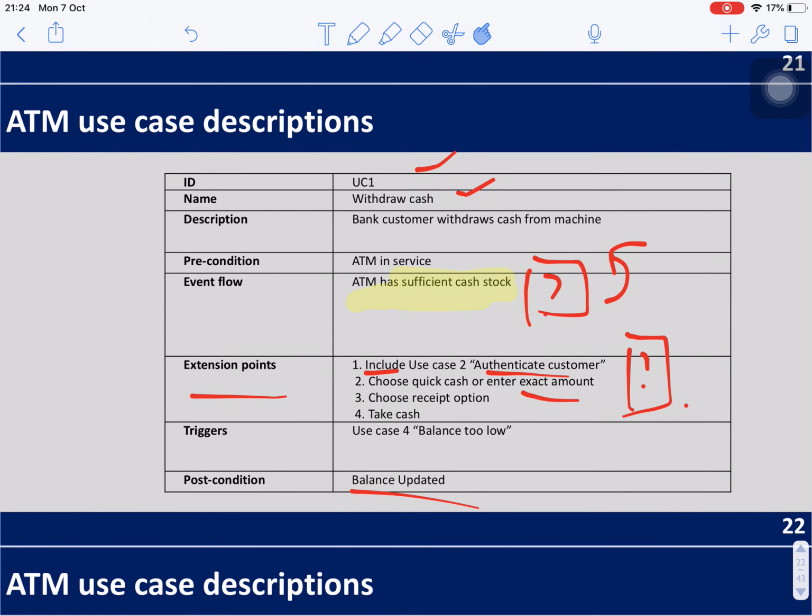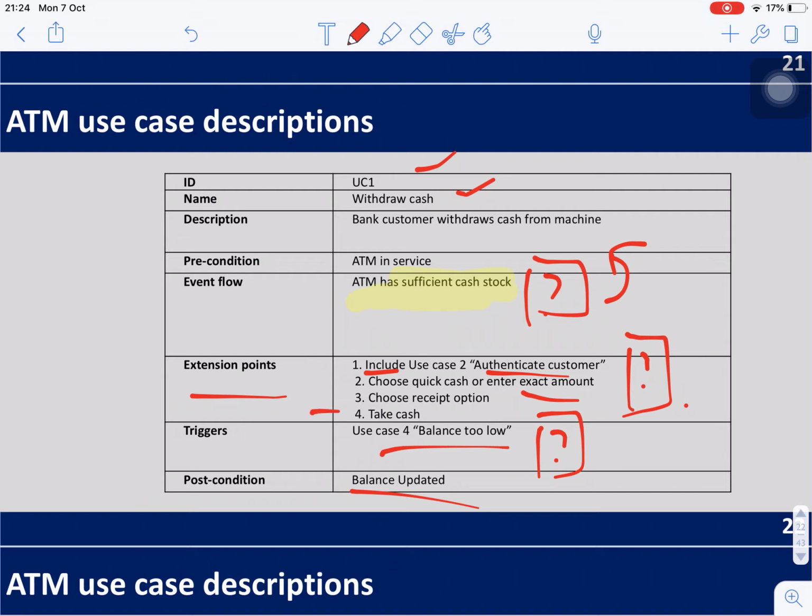So let's continue talking about the use case description. The trigger of the use case is balance too low. Why is the trigger balance too low? I mean, why does the use case say take cash? Take cash.